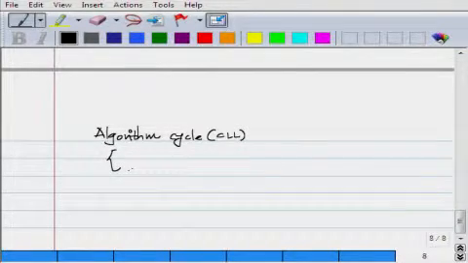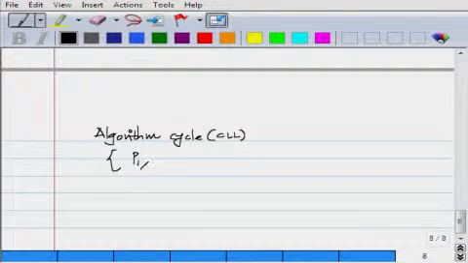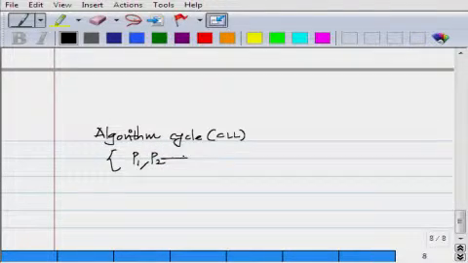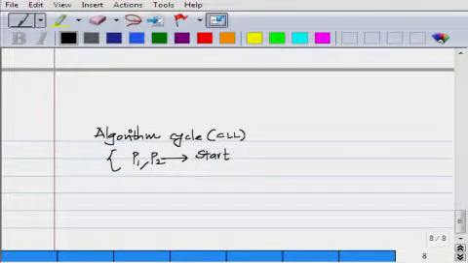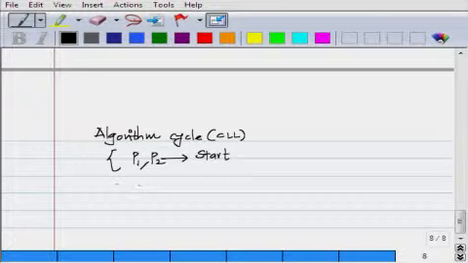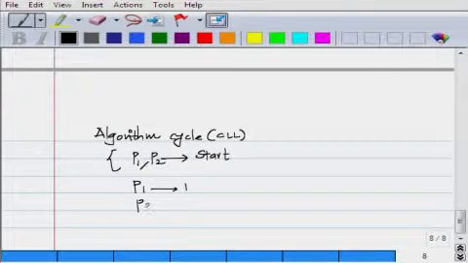At the start, both P1 and P2 are pointing to the starting vertex. Later on, P1 we are going to enhance by 1 and P2 we are enhancing by 2, am I right?